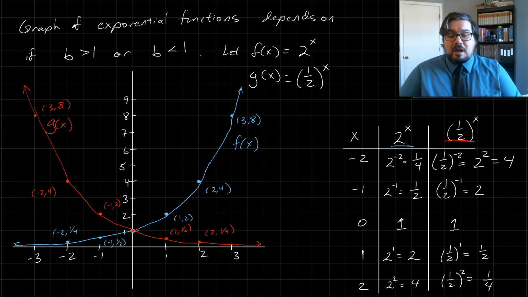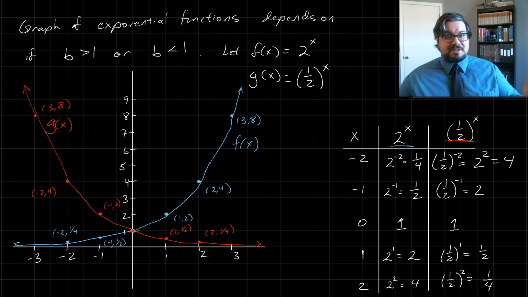And there are some common things that we can see here. For instance, they both have a y-intercept at 1. And this is going to be true for every exponential function. Furthermore, they both have a horizontal asymptote. Now, unlike rational functions, where the horizontal asymptote determined the end behavior on both sides of the graph, the horizontal asymptote for the exponential function only determines the end behavior on one side of the graph.